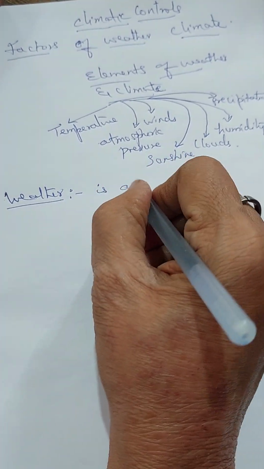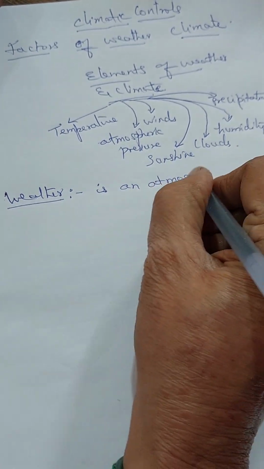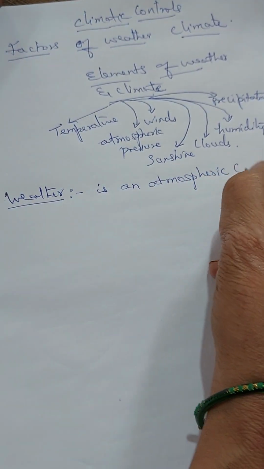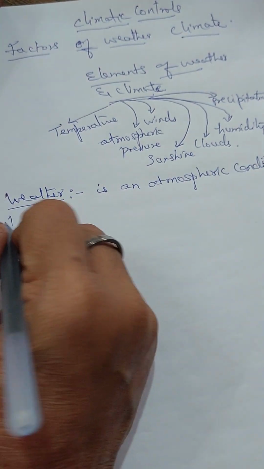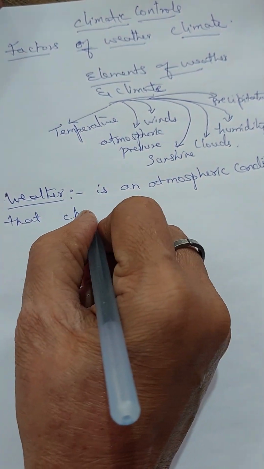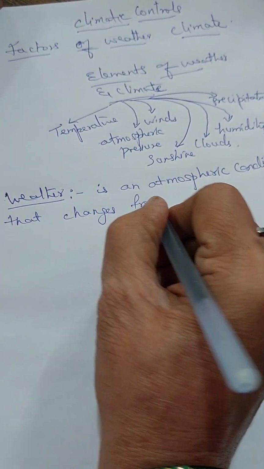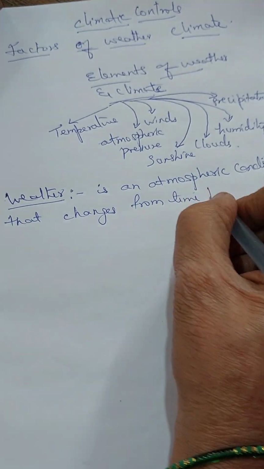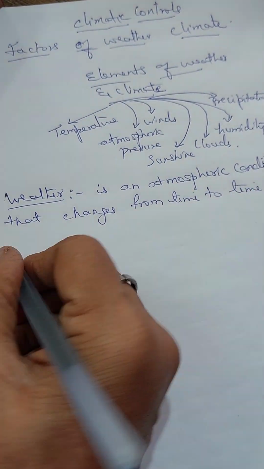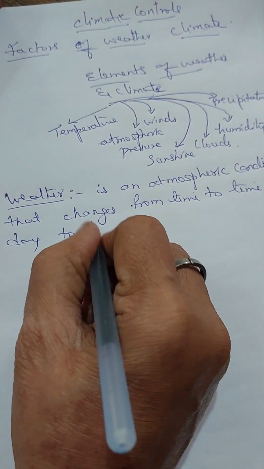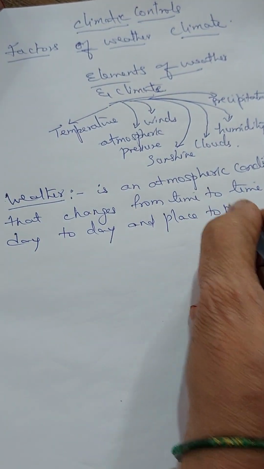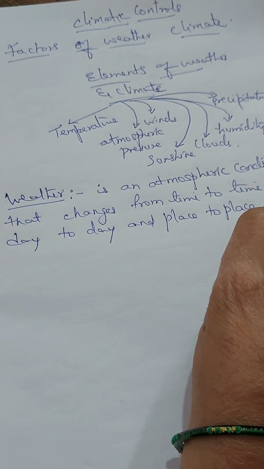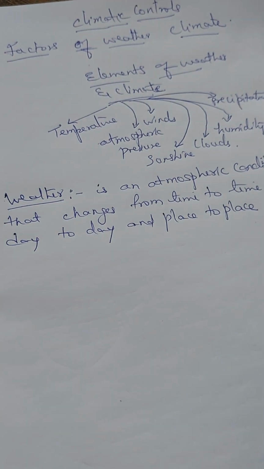Weather is an atmospheric condition that changes from time to time, day to day, and place to place, is called weather. For example, children, early morning, right?